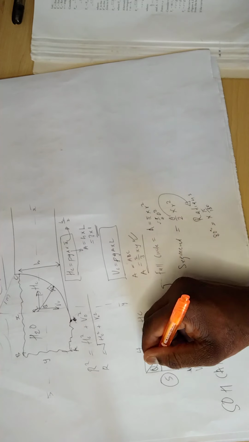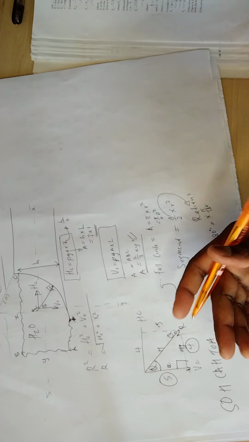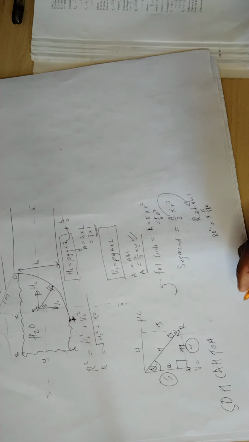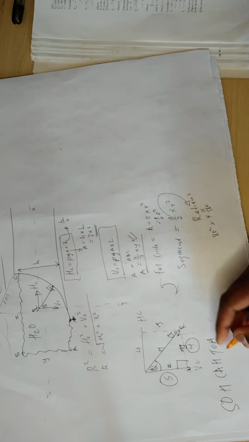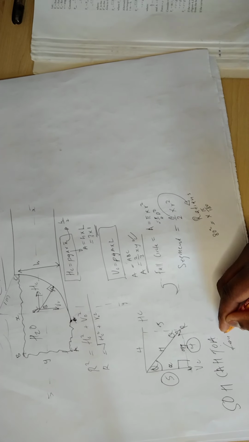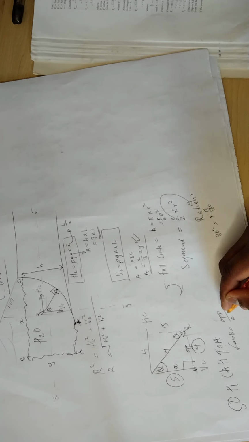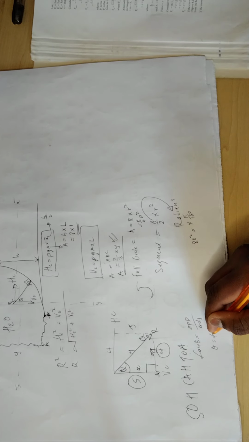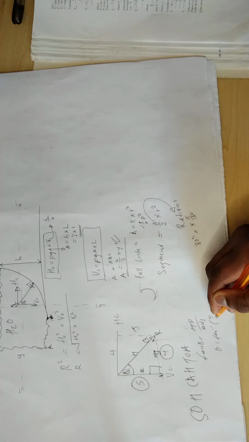I just want to show you, for the sake of showing you, so that you must not forget about this. So me, I'm going to use adjacent and opposite. Then my adjacent and opposite is on tan. Then I'm going to say tan theta equals opposite over adjacent. Then my theta equals tan inverse of opposite over adjacent, which is 4 over 5.